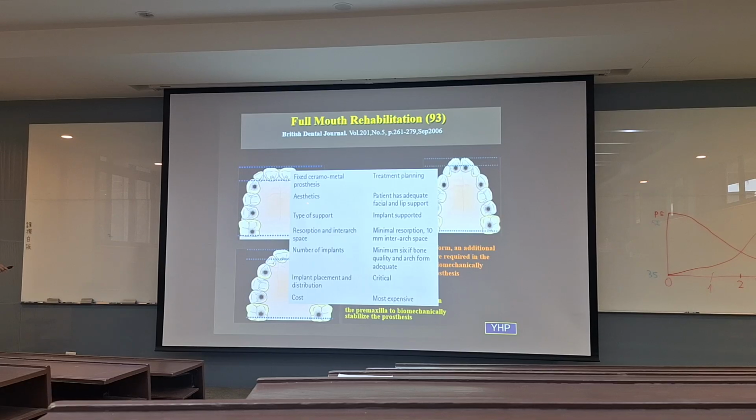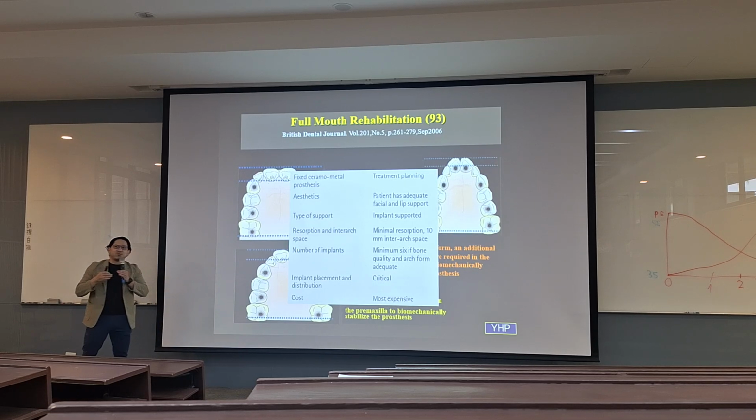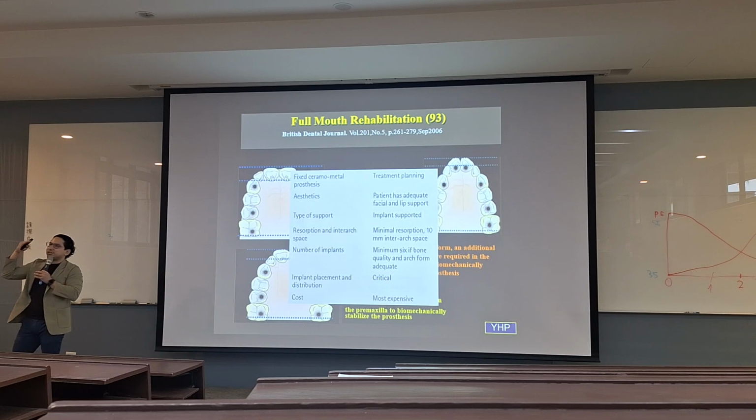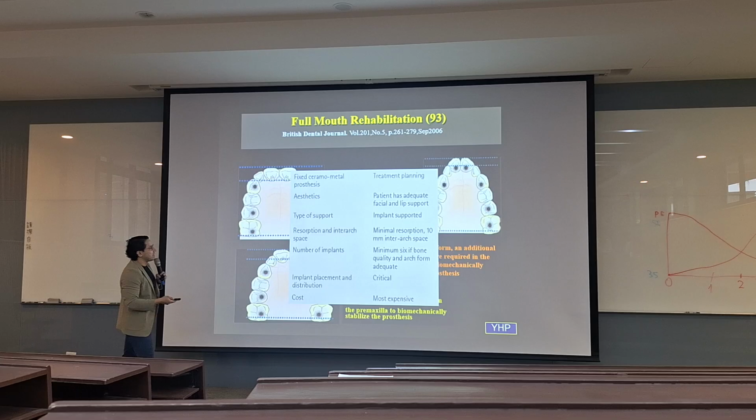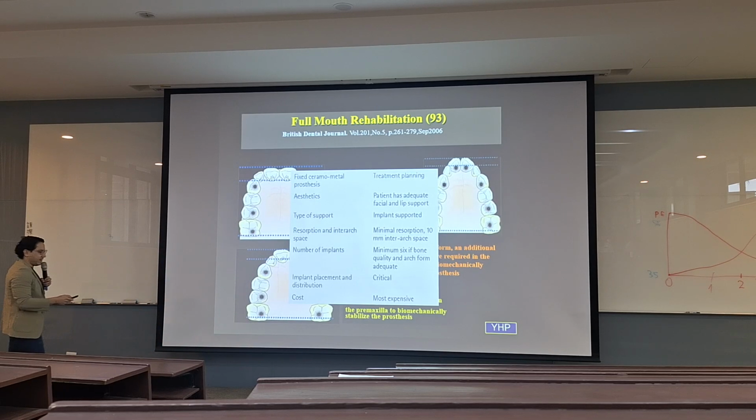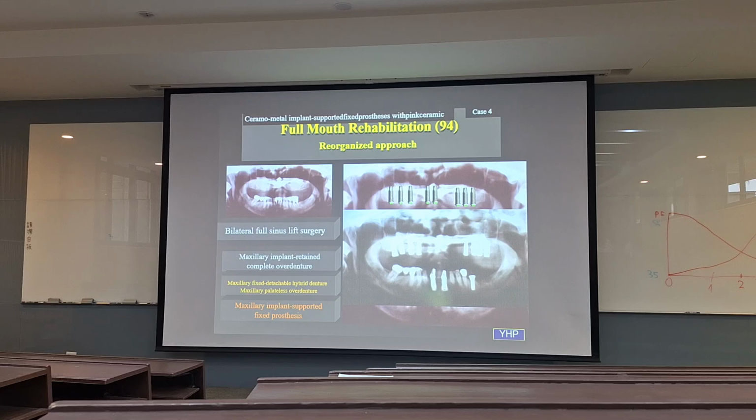So we always focus on the aesthetics, the support, the inter-arch space, right? Because that's the other thing, we need to have enough space. In this kind of case, we are putting a metal arch, maxilla, mandible, plus the ceramic, plus the materials, plus the dental implants. So the space that you need to have needs to be really high. In some cases, we can think about putting 8 dental implants nowadays.